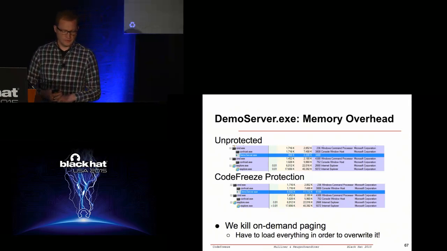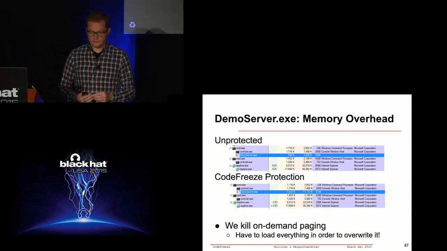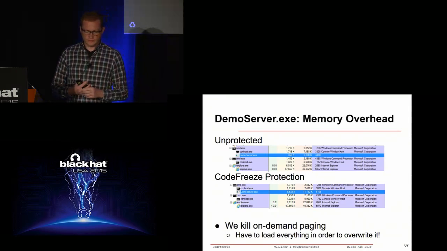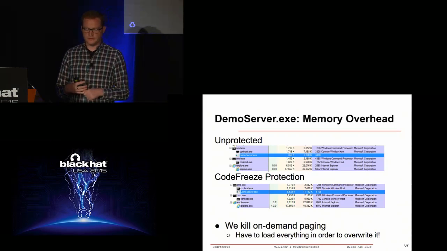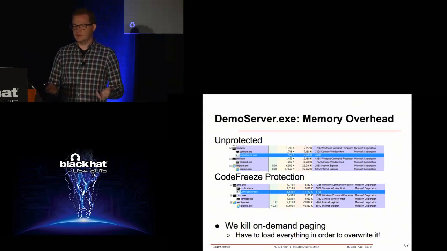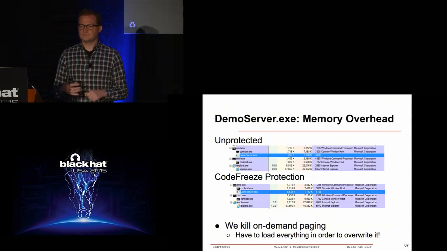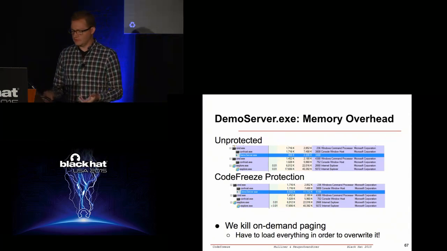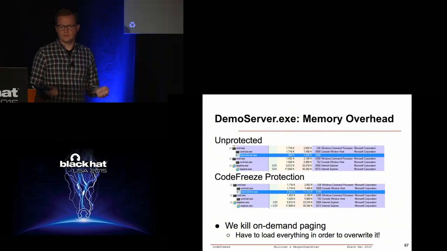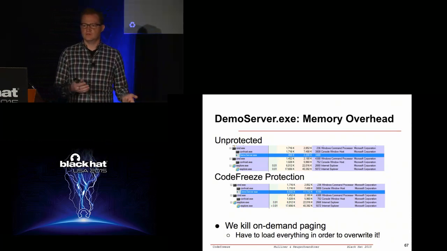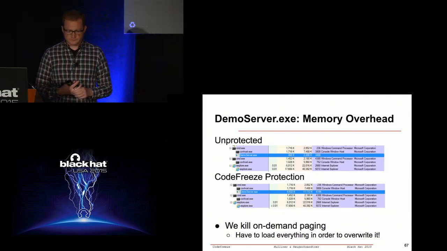At this point, our system has one smaller drawback, because we basically kill on-demand paging. If you load a library and only use 5% of the code, normally only that 5% is actually mapped into the address space.